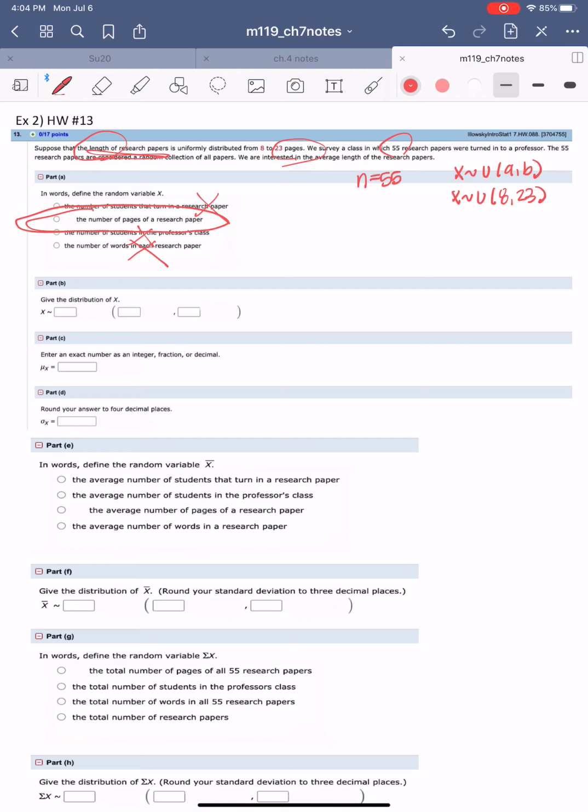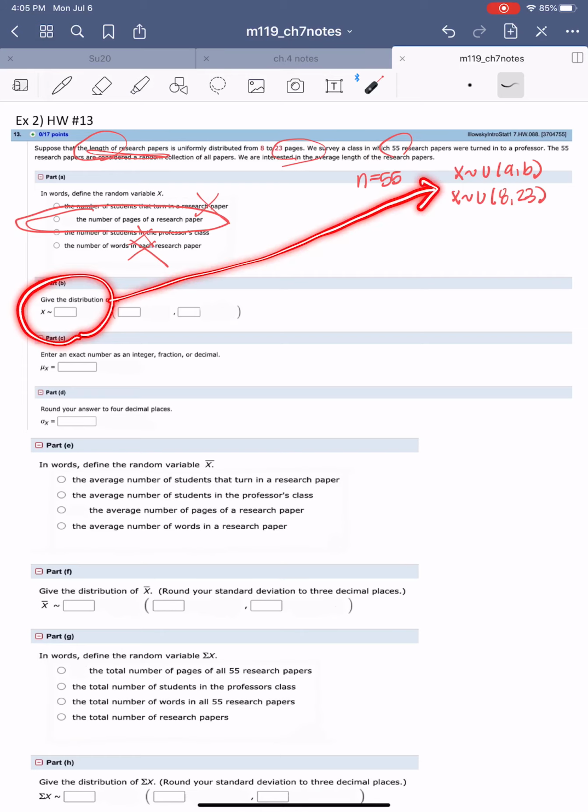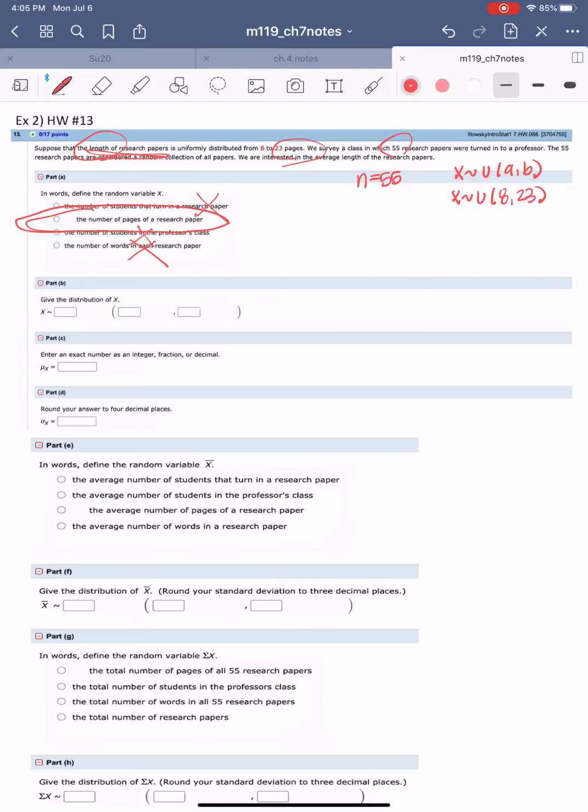Oh, we already have the second one done. The distribution of x right there is a uniform distribution, 8, 23. Uniform distribution comes from chapter 5. If you do not remember the setup, it was a, the minimum number, and b, the maximum number. Notice you see the variable here, it's the x. So I want to calculate the mean from the uniform distribution.